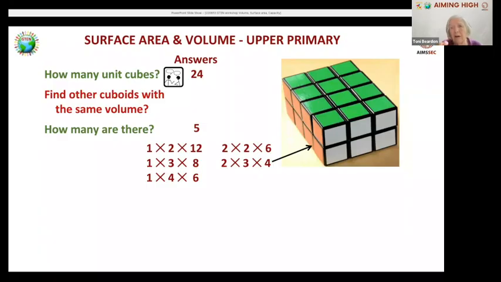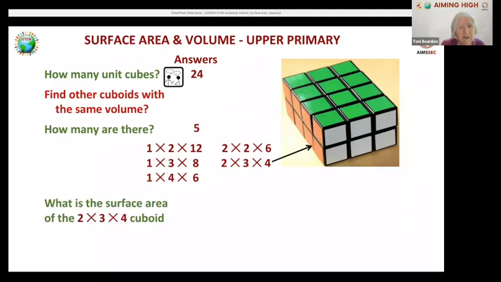This is the height by the width by the length, 2 by 3 by 4. But you can ask the learners, well, are any of the ones you found actually the same cuboid? And then they can sort them out and find eventually that there really are 5, and that to be sure there are 5, you have to be systematic.